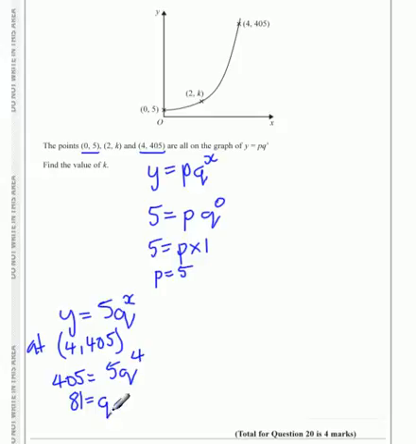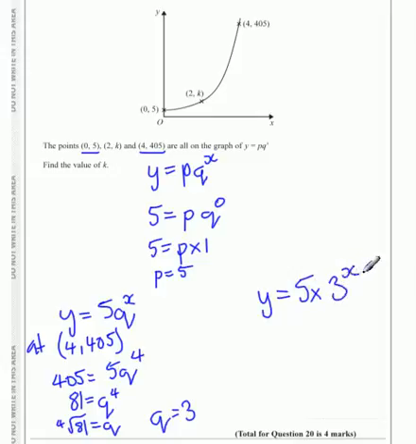And that is q to the power of 4. From there, we can use our calculator to do the fourth root of 81 to work out q. What that's going to give us is q equals 3. So the equation we've got now is y equals 5 times 3 to the x.